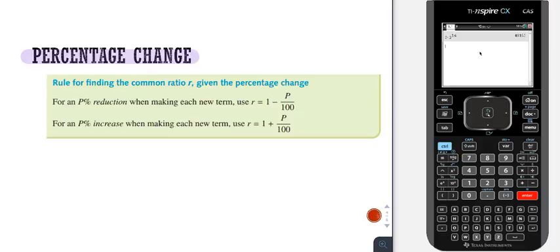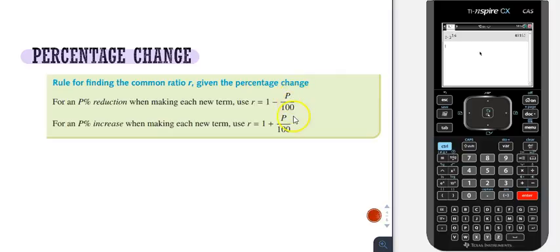Percentage change. So this is a specific kind of geometric sequence where instead of just having a nice little ratio, we might know that we have a percentage increase or a percentage decrease in order to make the next term. So if there's a percentage reduction, decrease, then your R value can be given by 1 minus that percentage divided by 100.